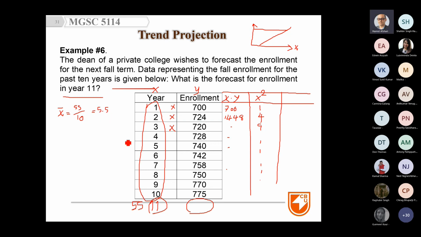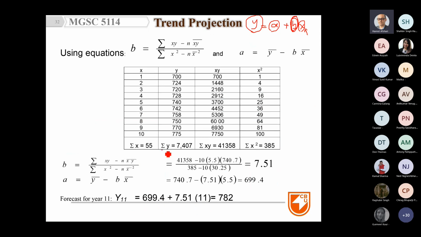How much is the Y average or Y bar? You need to calculate the summation of all of these numbers and then divide it by 10. If I go back to this slide, the summation of all y's is 7,407. If you divide it by 10, it will be 740.7.